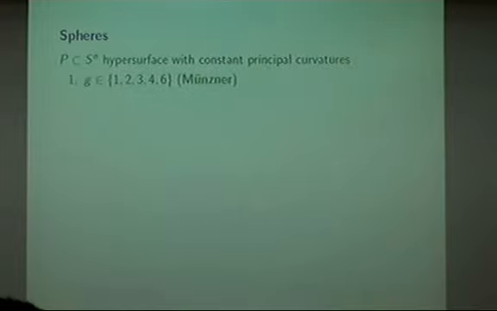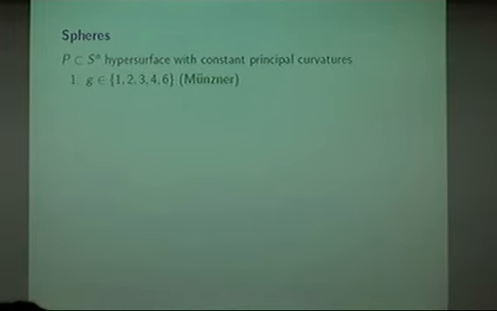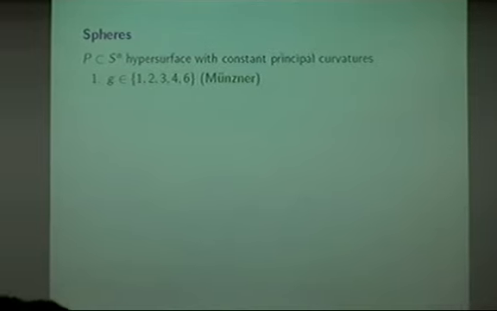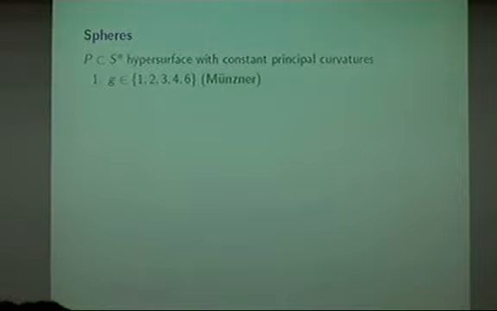I want to talk about spheres first. This is actually a very classical problem, classifying hypersurfaces with constant principal curvatures in spheres, and this is equivalent to classifying isoparametric hypersurfaces in spheres, though I don't want to say much about the isoparametric part. So let's assume that we have a hypersurface with constant principal curvatures.